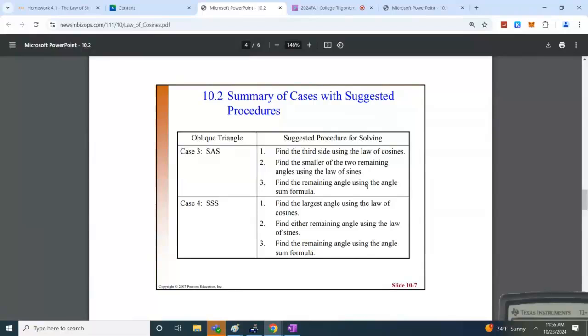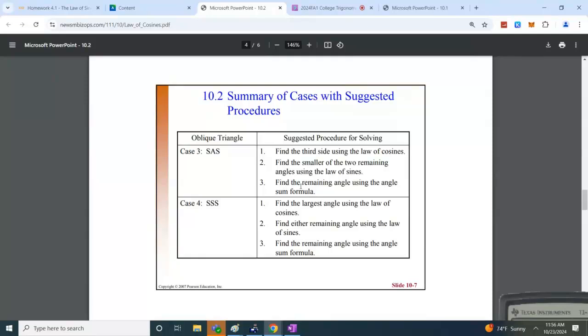The third step says find the remaining angle. For side side side, the first thing you have to do is find the largest angle using the law of cosines. Second, you can find either of the remaining angles using the law of sines, and then the third step is you can use the sum formula.